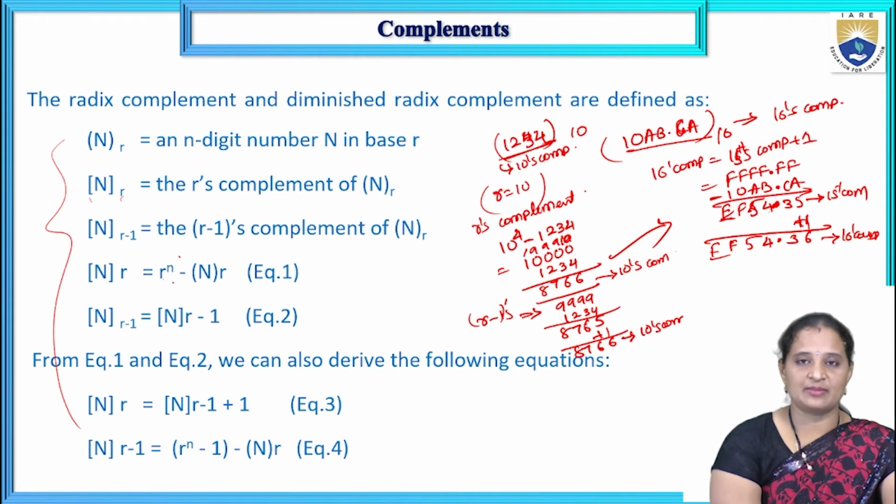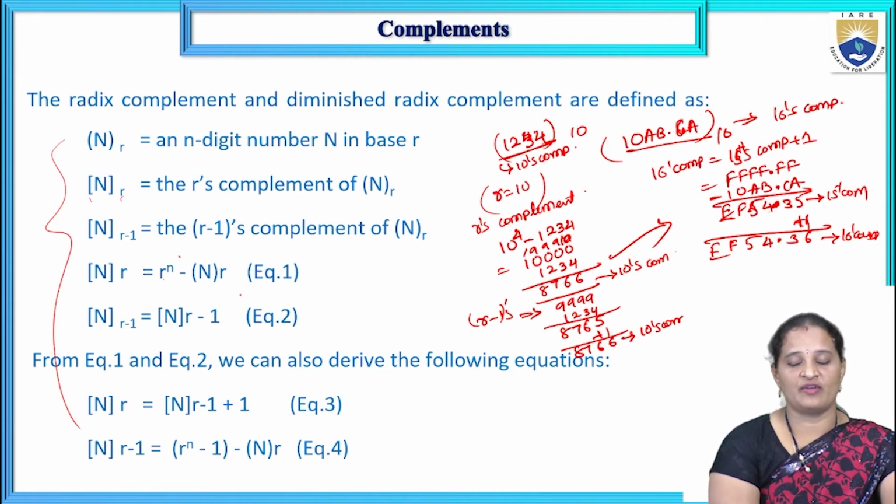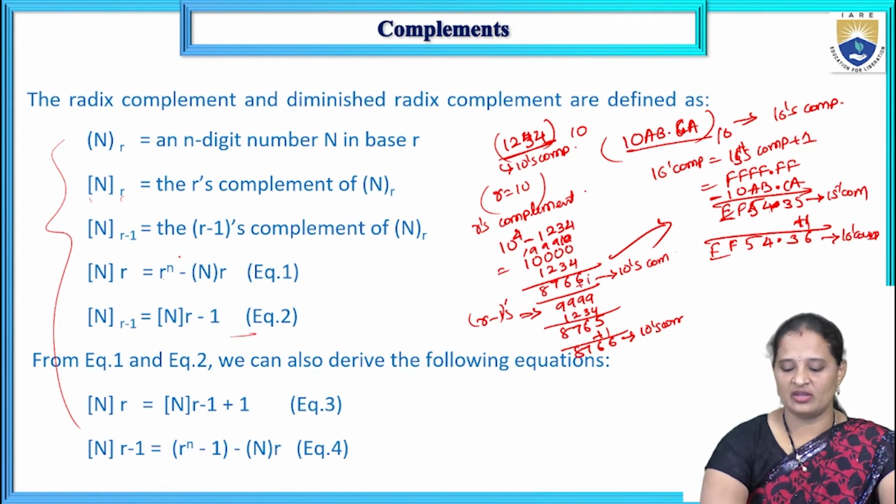That means simply subtracting a number from R to the power of n will give you the R's complement. And how can I get the R minus 1's complement? Simply by subtracting 1 from the R's complement. If I subtract 1 here, I get the 9's complement.